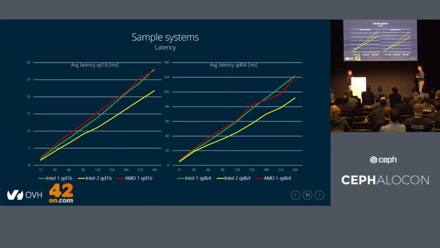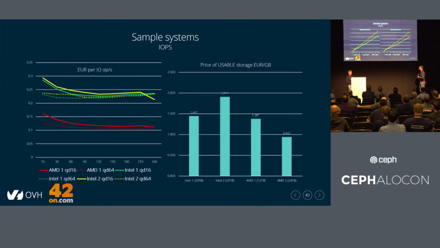As you can see here, the latency difference between the first Intel system based on the Xeon 6152 and the AMD 7551P is there, but is it that much? It's up to you to decide which is better for you. And speaking of sample systems, we also have the price comparison.